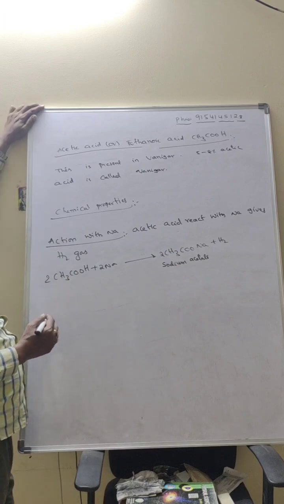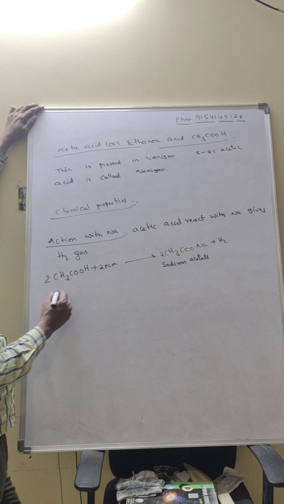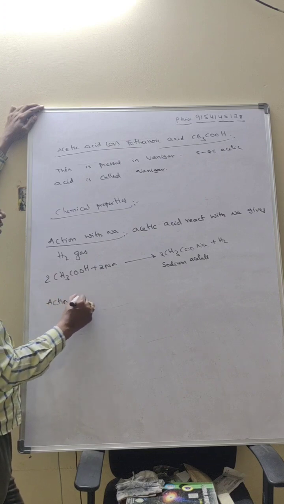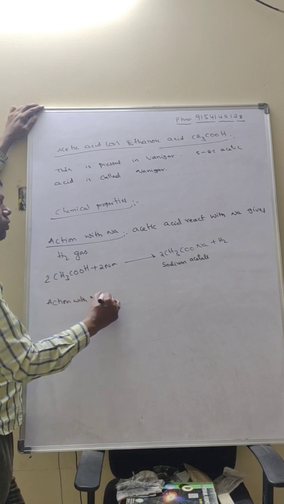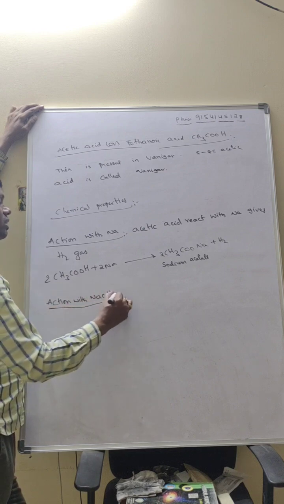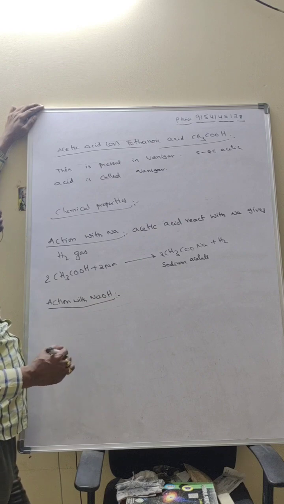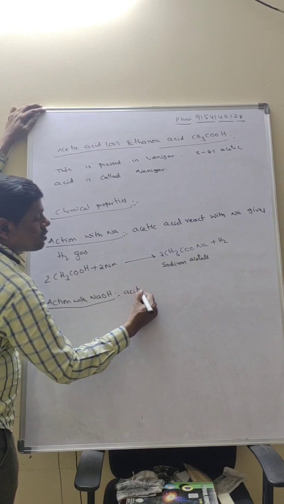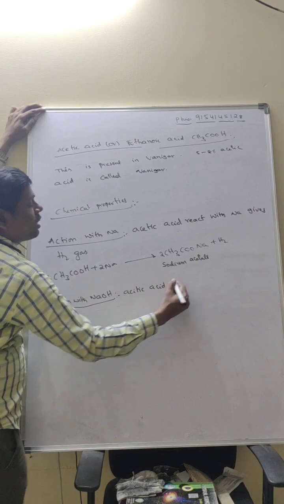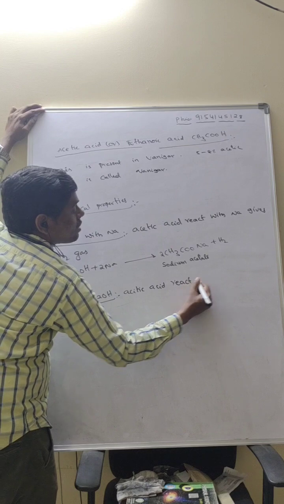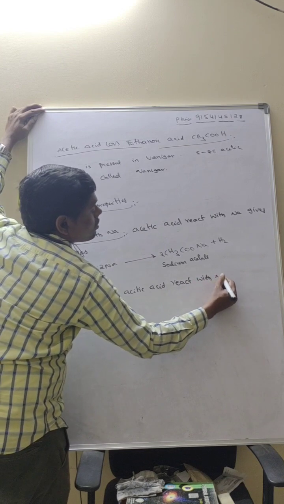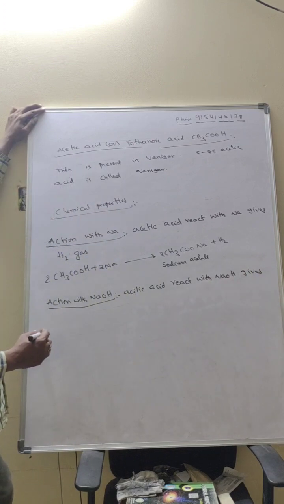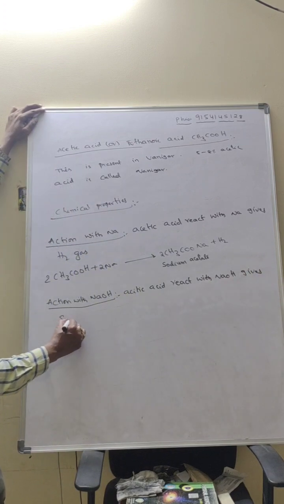Reaction with NaOH. Acetic acid is an acid, NaOH is a base. Here a neutralization reaction takes place. Acetic acid reacts with NaOH and gives salt and water.